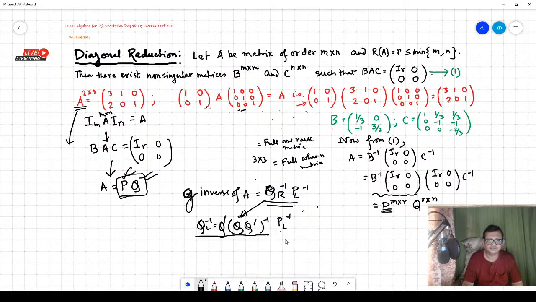Then in that case it should be (Q prime Q) whole inverse, Q prime and PR inverse equal to P prime inverse P prime.